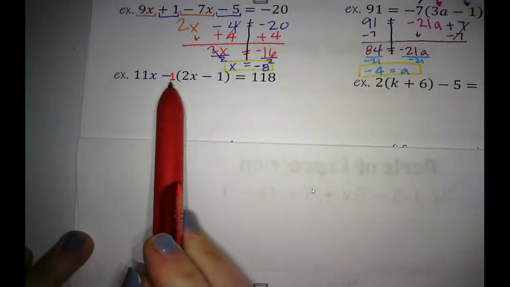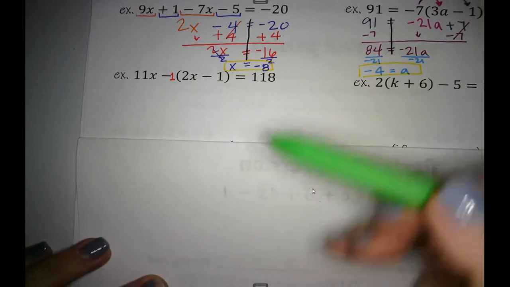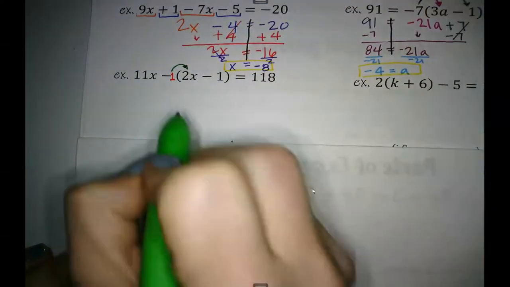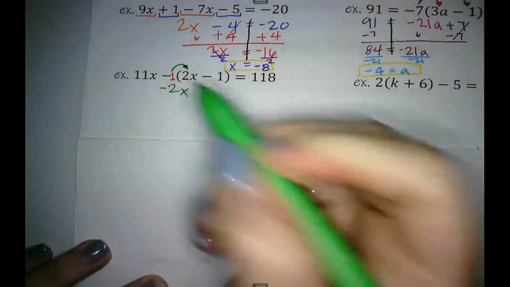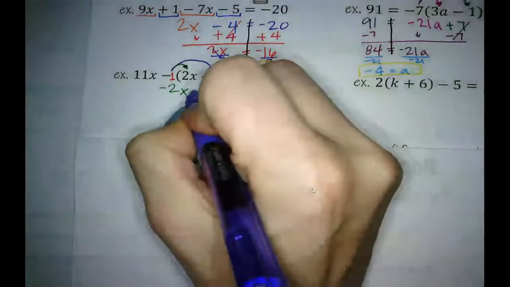So I do need to distribute my negative 1 to everything inside my parentheses. I'm going to take negative 1 times 2x, which gives me negative 2x. And then negative 1 times negative 1 gives me positive 1.